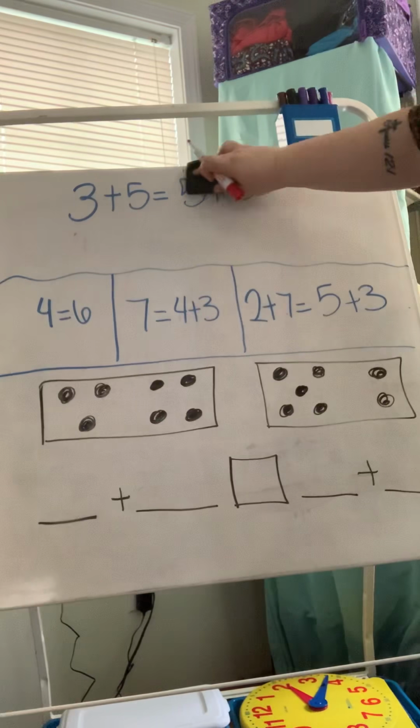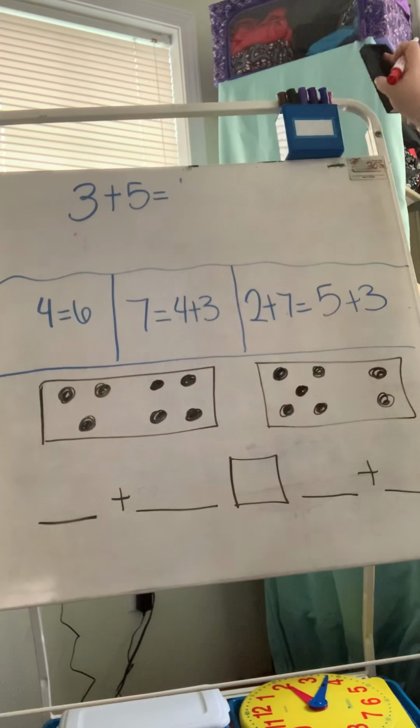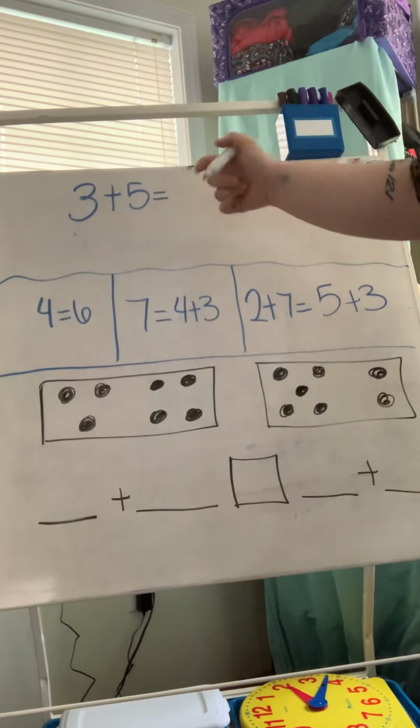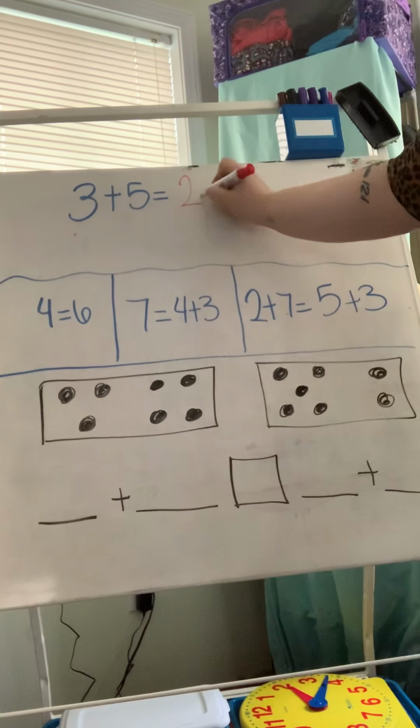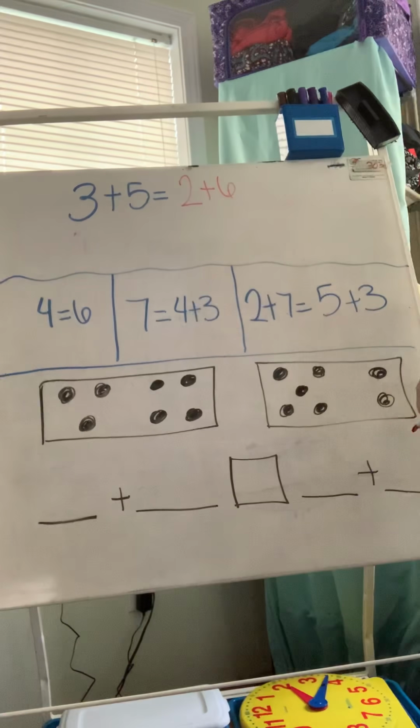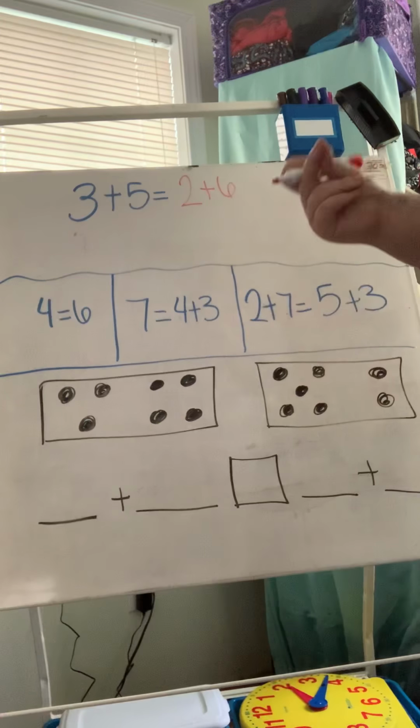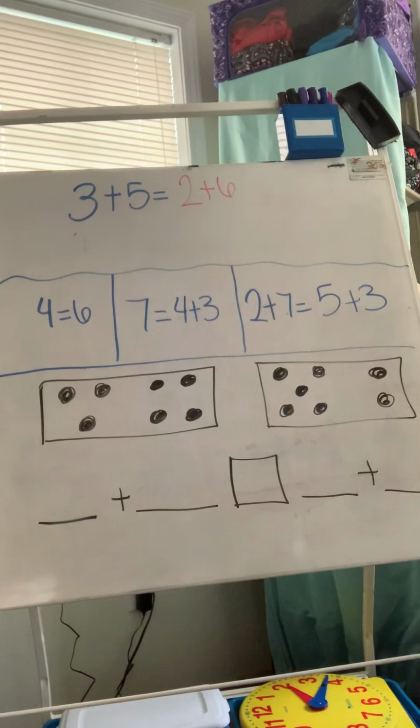Not every single problem that you have is going to be like that. Sometimes you might have a problem where the numbers over here are different. So let's say that you have 2 plus 6 over here instead of 3 plus 5. Well, if I'm not taking my time to actually add the answer up and know that both sides equal 8, then I'm going to automatically think that it's false because the numbers are not the same.